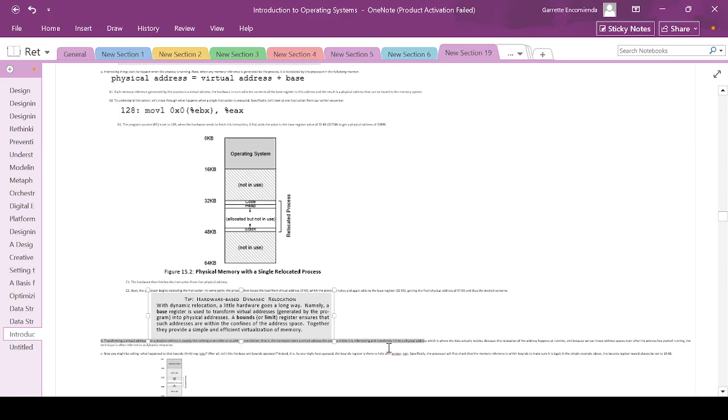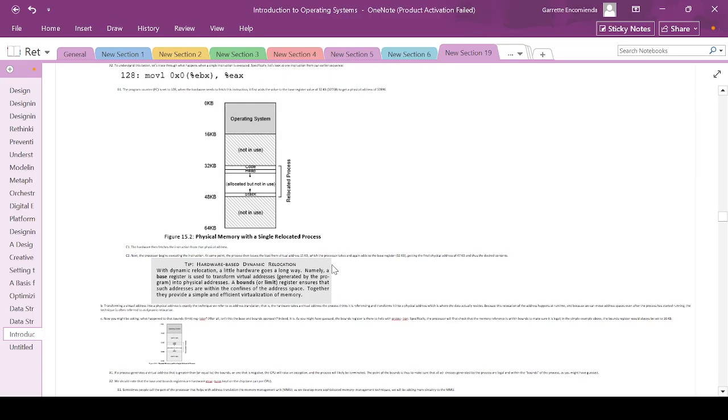At some point the process issues the load from virtual address 15 kilobytes, which the hardware again adds to the base register of 32 kilobytes, getting the final physical address of 47 kilobytes. So where is the 47 kilobytes? Here on the stack, and thus the desired contents. It loads and executes the instruction at the stack, because that's where the stack is.